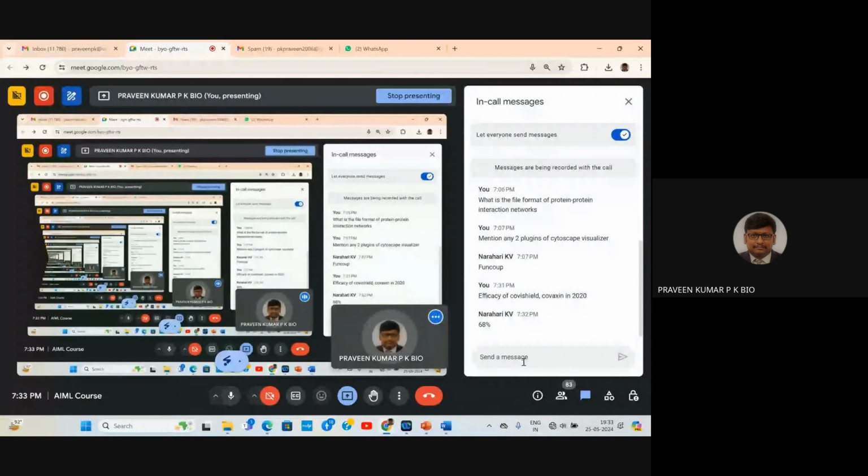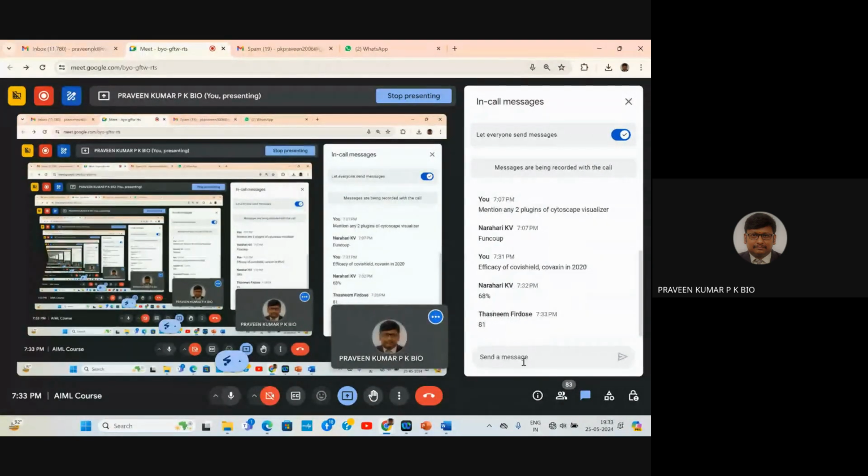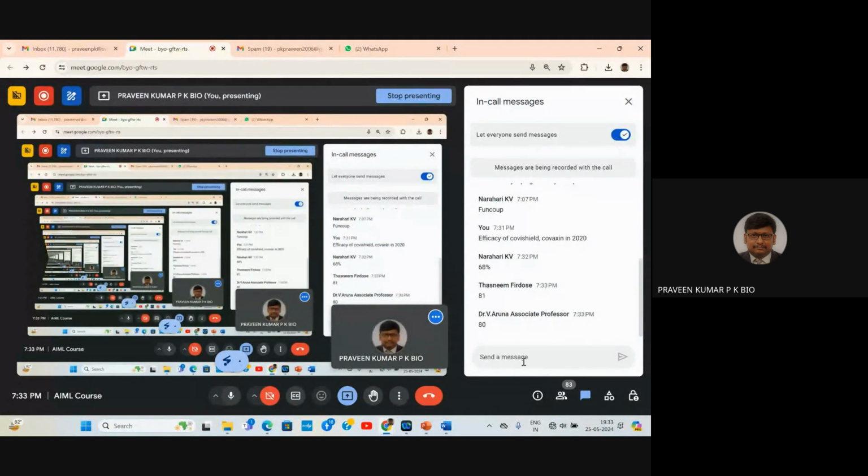But actually, there are two boosters. If I take the first booster, I get nearly 56 percent, not more than that, 54 to 56. But if you go for the second booster, obviously it increases the dose response, I mean, the adjuvant vaccine response. If so, it came to a maximum of 84% for the Covishield.